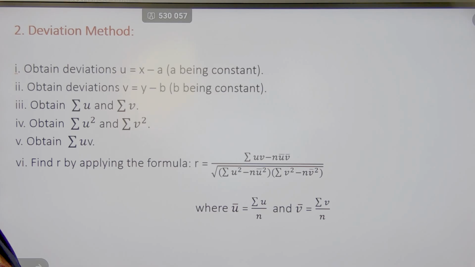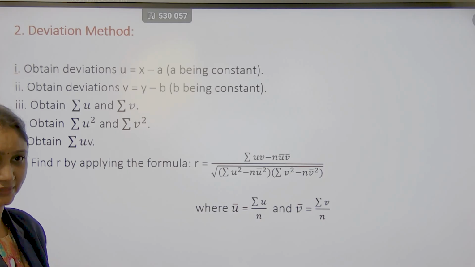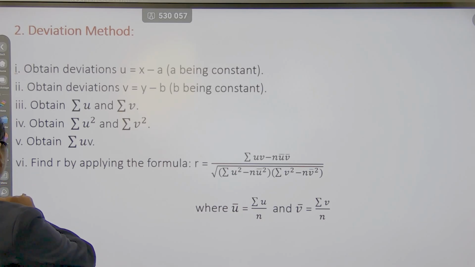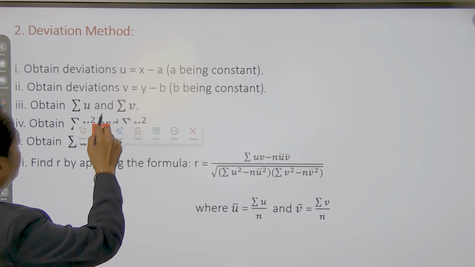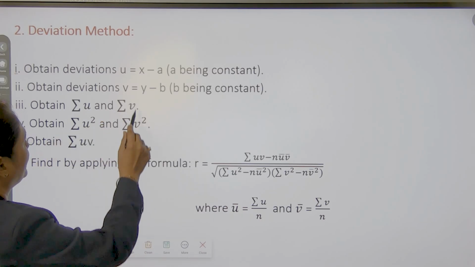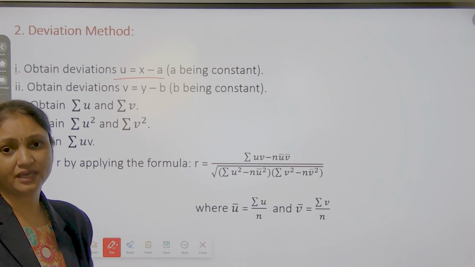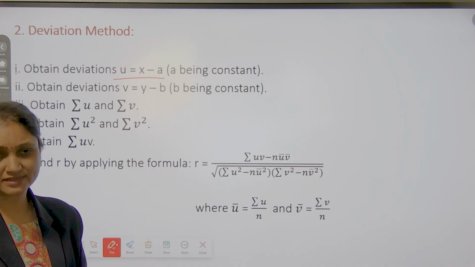Second method is deviation method. So again there are some steps we have to follow while solving the example using deviation method. So first we have to obtain the values. We have to calculate some values, that is u is equal to x minus a, a being a constant.